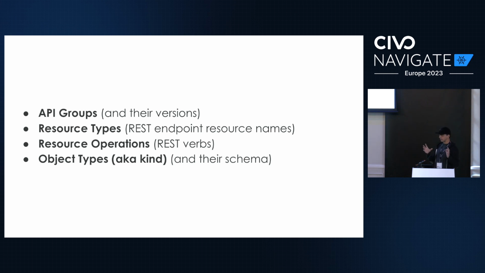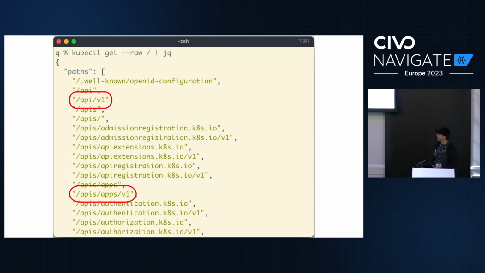And then there are more complete persisted objects. They have additional metadata, additional fields like the metadata section that has the object name and other fields as well. But let's see what those constructs look like with the actual Kubernetes APIs.